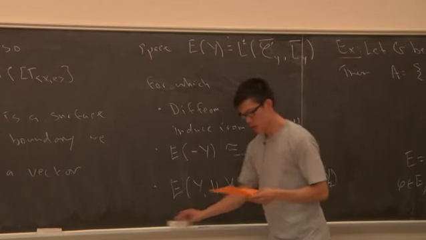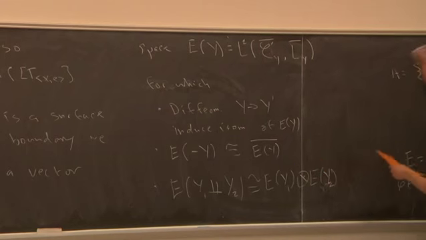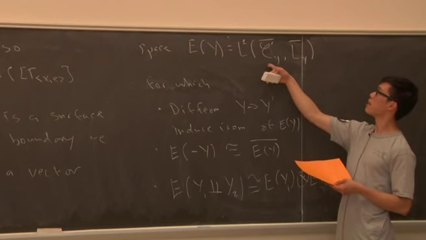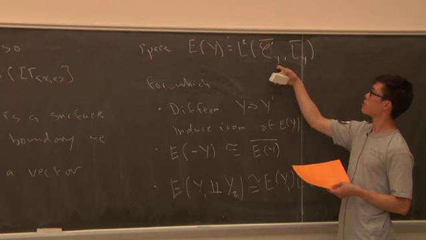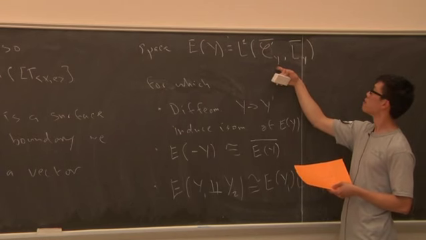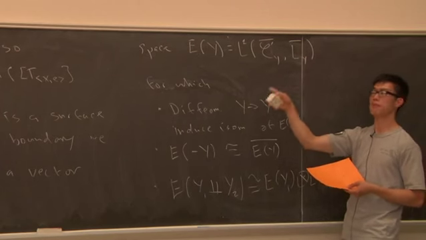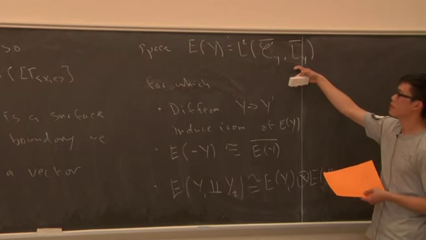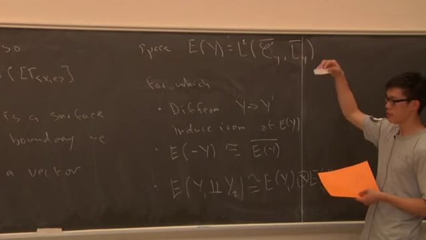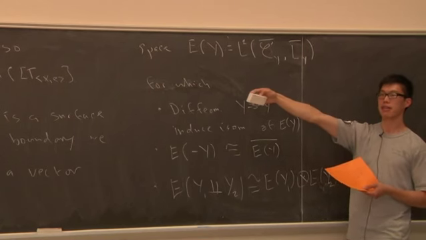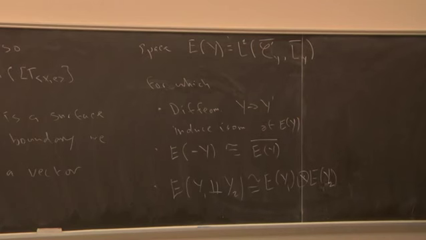Wait, so it says we can assign a vector space E of y. Is it? I don't know what it is. Am I supposed to know what it is? Yeah, that's it. So it's L2 functions from equivalence classes of pointed G bundles over a surface with a boundary y to these complex lines that we set up before. Way at the beginning we said there was a way to take a pointed G bundle over some surface with a boundary and give it some line.